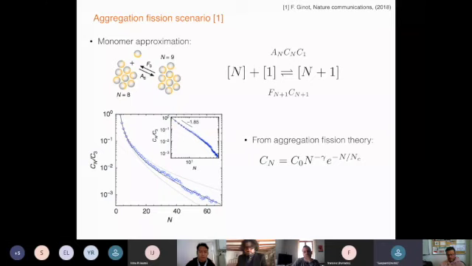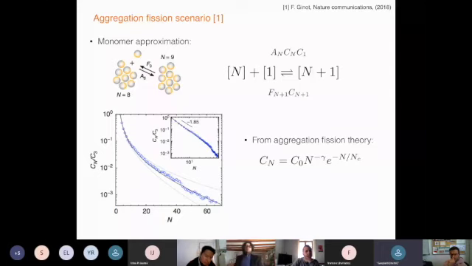The fit is a combination of an exponential decrease and a power law, and the exponential acts as a cutoff for the power law. You can see in the inset, which is a log-log plot, that you first have a power law behavior, and then you have this exponential.